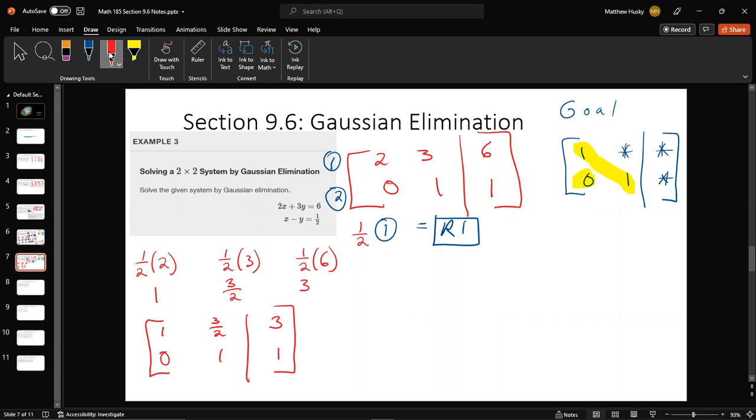So now here's what I'm going to do. I'm going to turn this back into a system with X's and Y's in it. So then when I do that, I get X plus 3/2 Y equals 3. If it's a 0, that means there is no X at all.